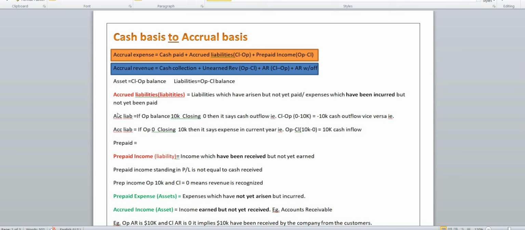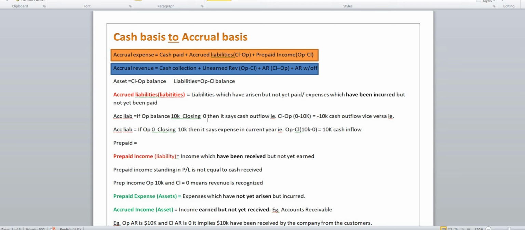So, let's solve an example to understand it more clearly. Accrued liabilities, as I said, you have to add opening and deduct closing balance. If the opening balance is 10,000 and the closing balance is 0, then it is a cash outflow.